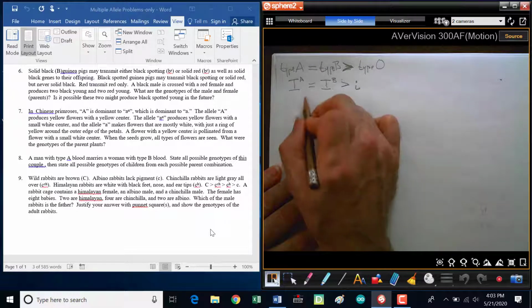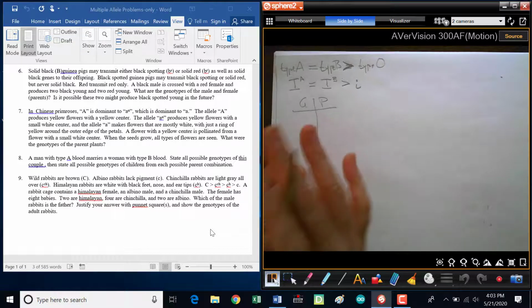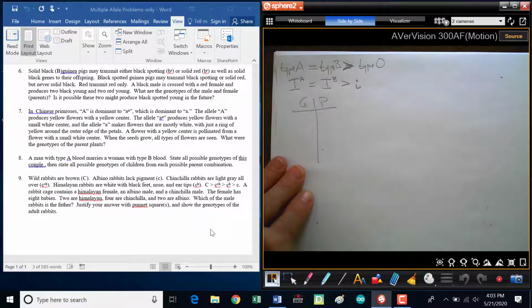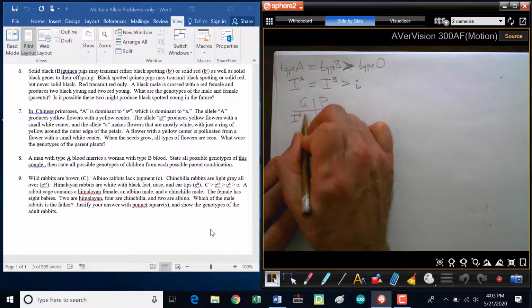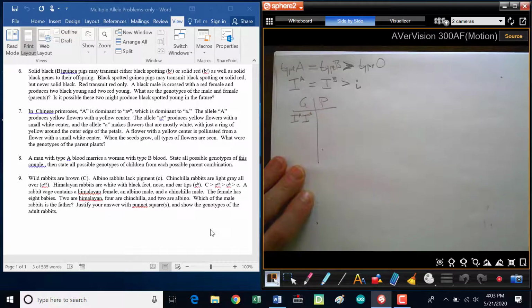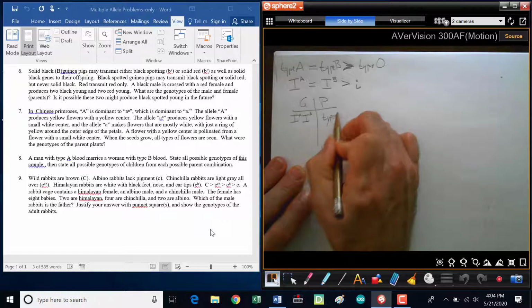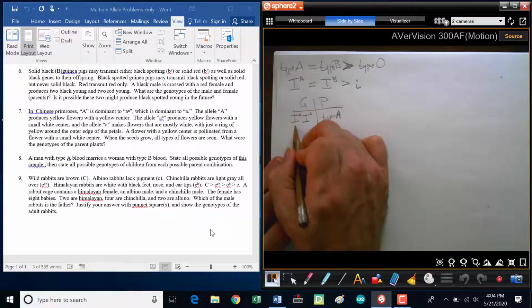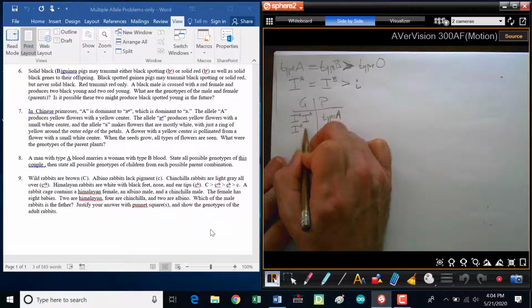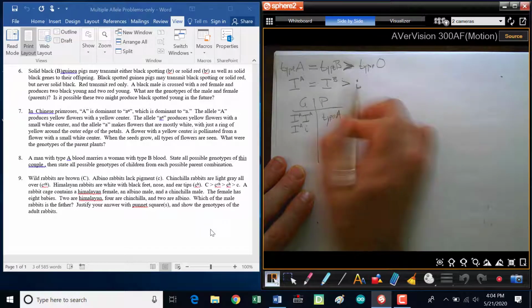So when we write our genotype chart, we have multiple alleles. Any individual can only have 2 from the 3 options. So maybe I believe that I am actually this genotype, IAIA, because I do have type A blood. I made an A on my blood test. Ha ha ha. But it's possible that I'm actually IA little i, because the type O allele is recessive to the type A allele.